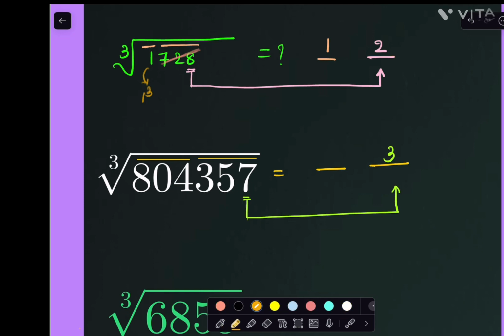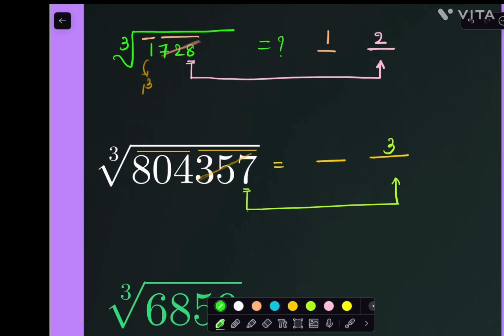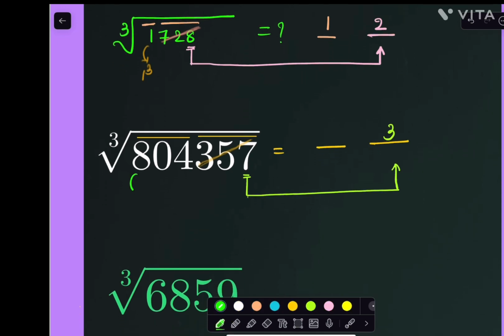Now because of this unit digit calculation, we are discarding what? These 3 digits. These 3 digits are completed now, right? And now we need to find the leftmost part of this particular number. Tell me the cube of a number which is closer to 804, less than or equal to 804, right? Suppose if I am taking 8 cube, it is 512. 9 cube equals 729, 10 cube equals 1000.